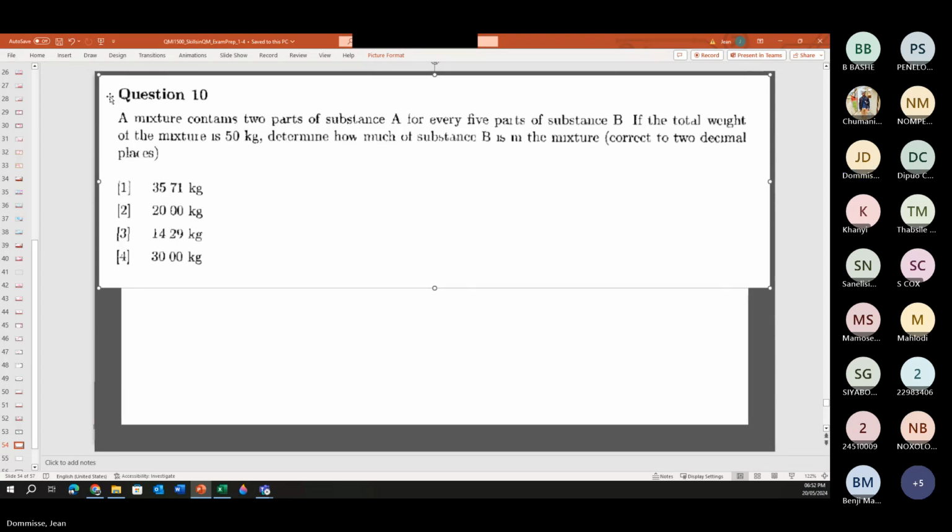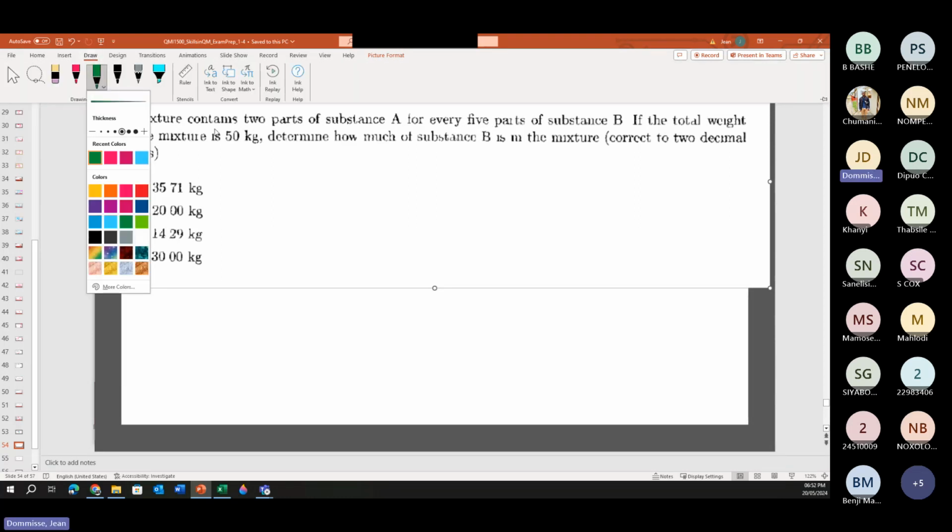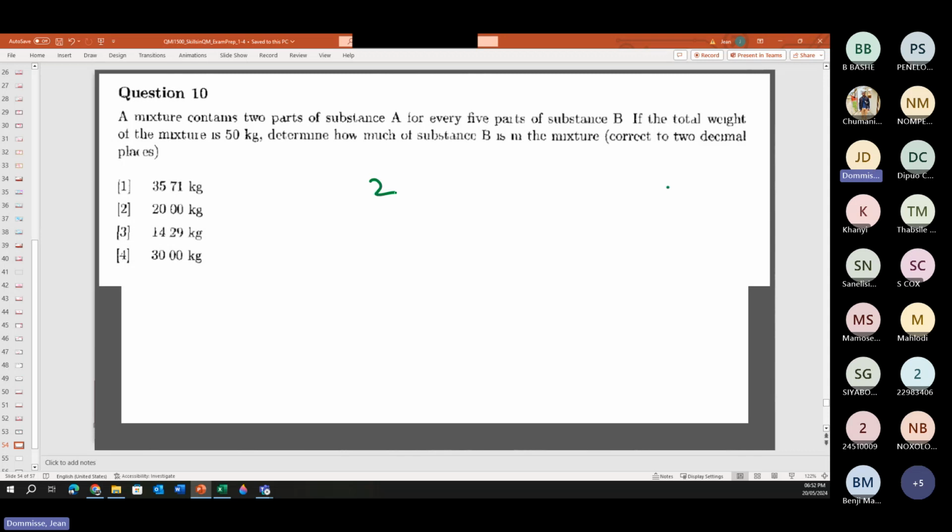Okay, so a mixture contains 2 parts of substance A for every 5 parts of substance B. If a total weight of a mixture is 50 kilograms, how much of substance B is in the mixture correct to 2 decimal places?